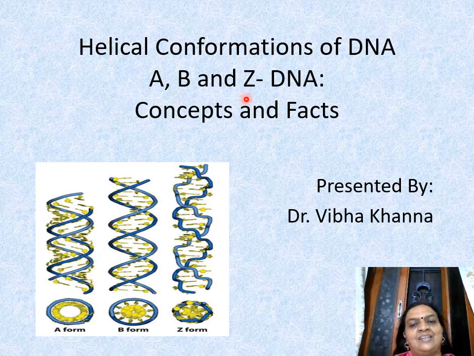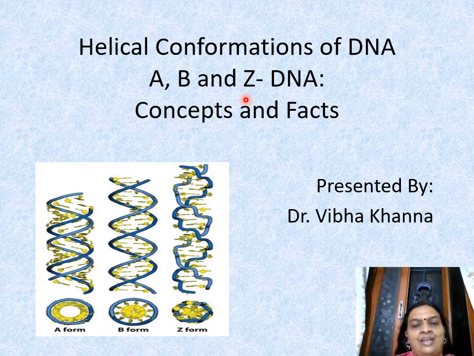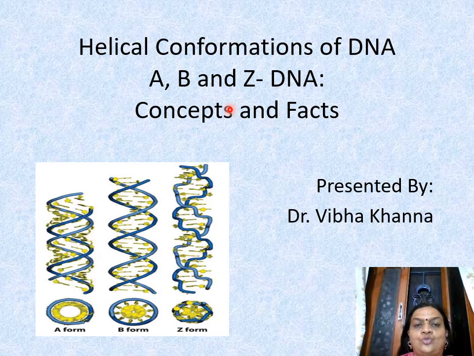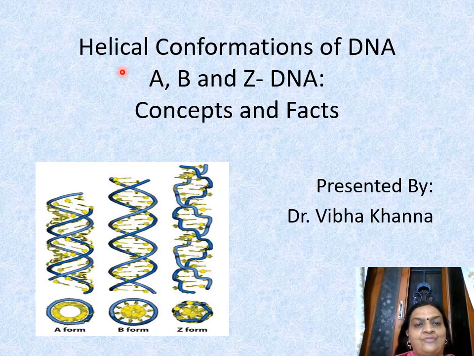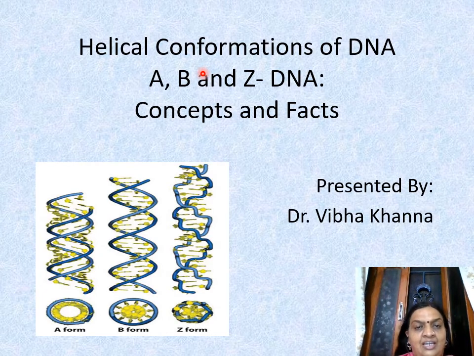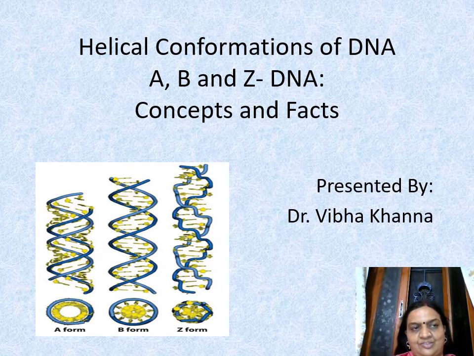B and Z DNA conformation, about which we are trying to understand why these conformational changes take place and what is the significance to the biological world of these various helical conformations. That is, what are they and why are they in different conformations.